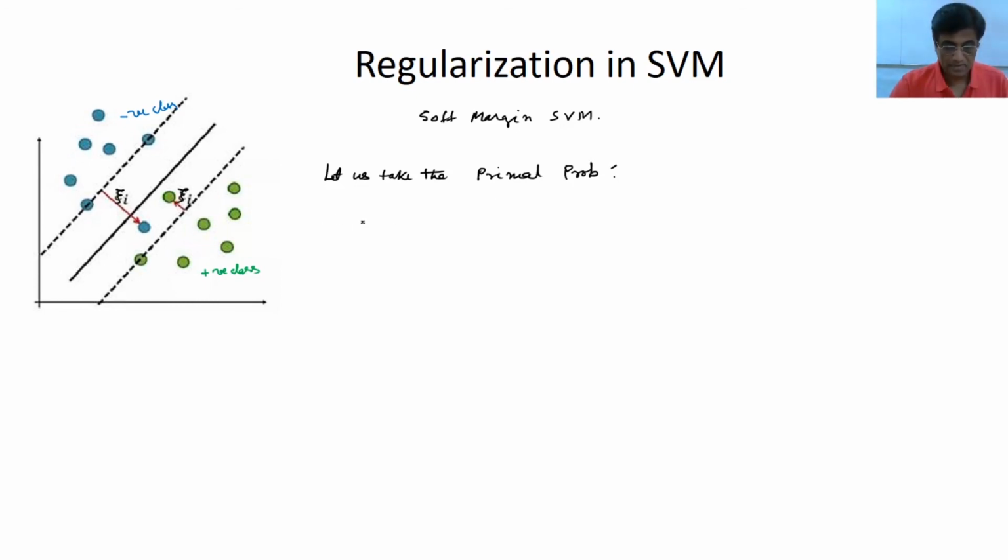So what was the problem? To minimize over w, of course, and b was there. Plus we attach some constant C times the sum over i equals 1 to m, if that many outliers are there.